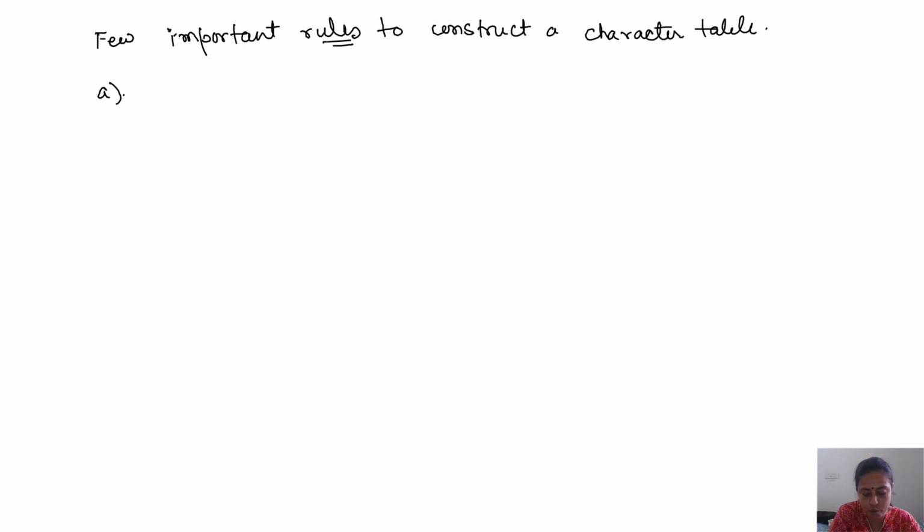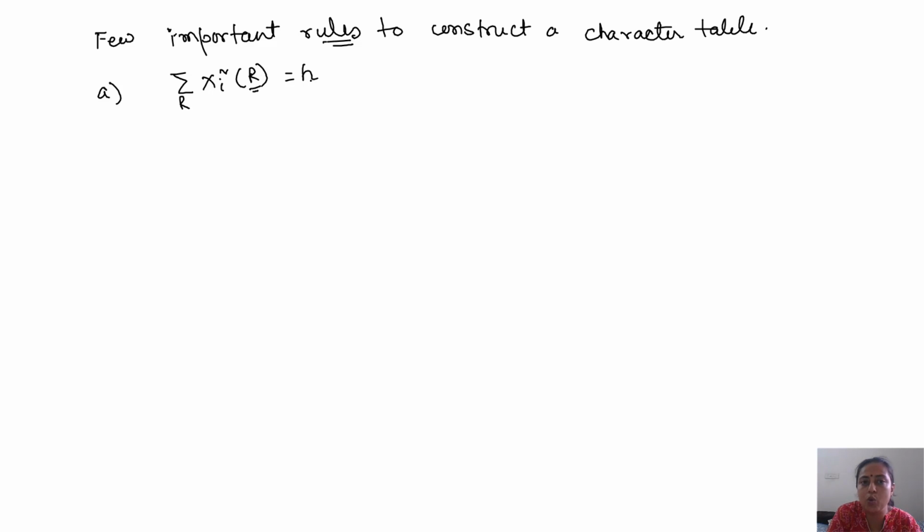The first rule is the summation of chi i square of R equal to h. This one we have come across several times during our discussion of group theory. We have looked into the character that we have obtained by a symmetry operation on a particular basis vector, and then we used to multiply them and sum them up over all symmetry operations.